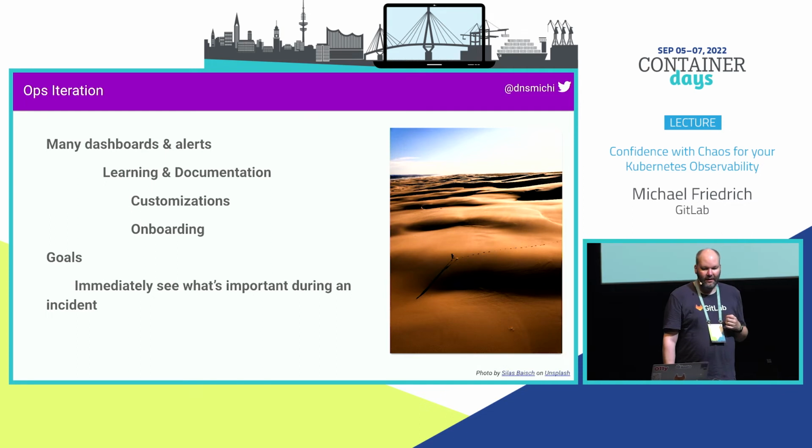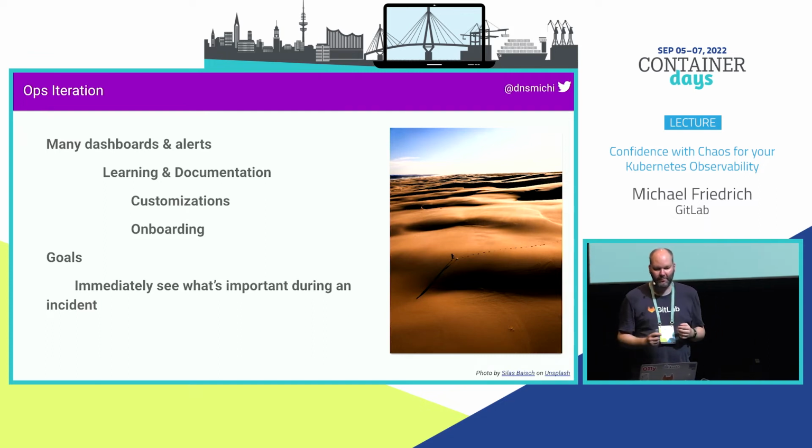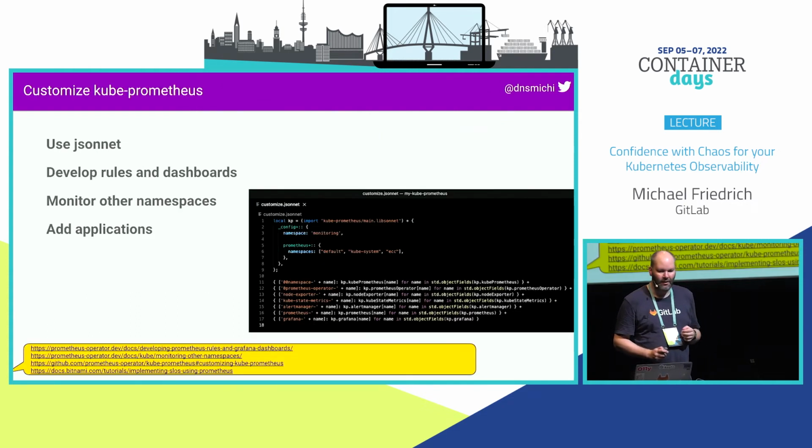The other thing is document everything, think about customizations, also think of onboarding, because when someone is joining the team and they don't really know about the current state of observability in Kubernetes, it can be really hard to understand and get into the loop, basically. And the goal should always be to immediately see what's important during an incident.